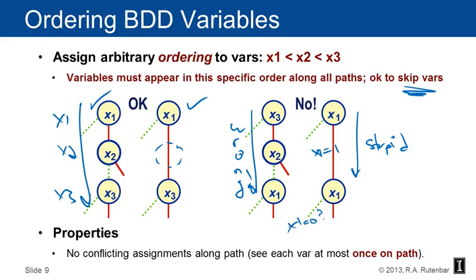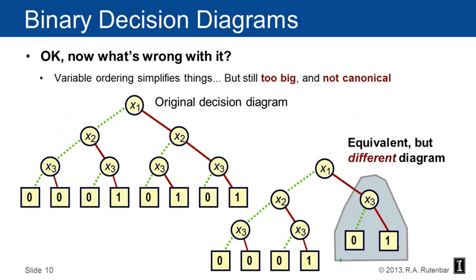That's just stupid, right? So the properties we're looking for are that there are no conflicting assignments along the path. That rightmost example that I just showed is a conflicting assignment. You're going to see each variable at most once on a path, right? Never twice, and you're always going to see them in the same order.